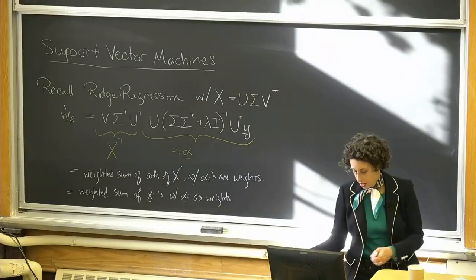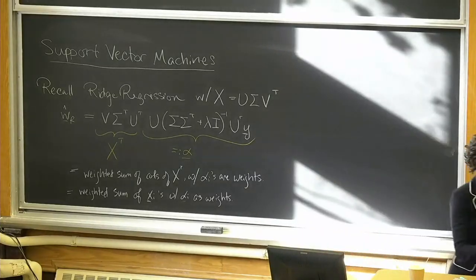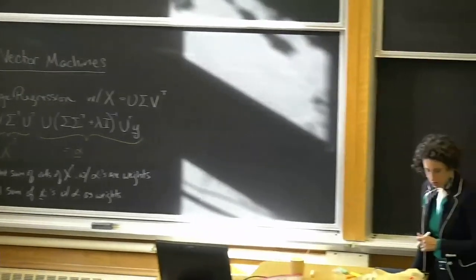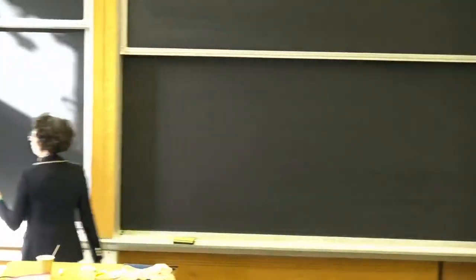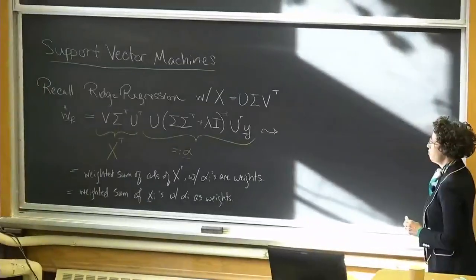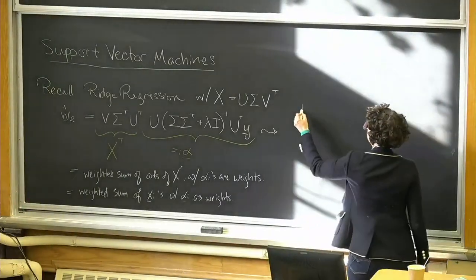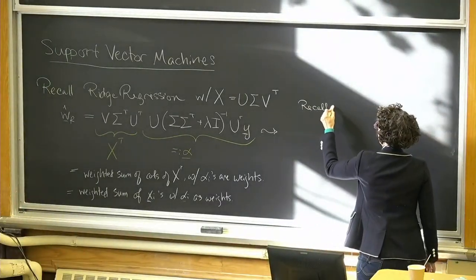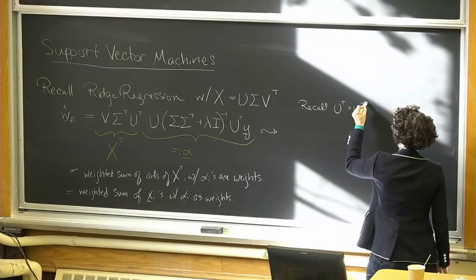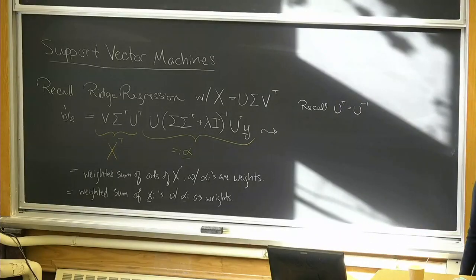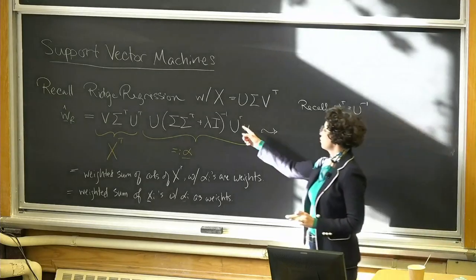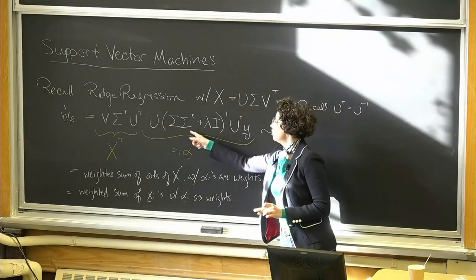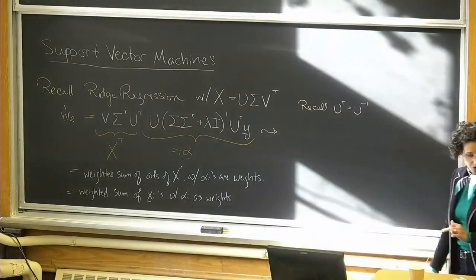Okay, so I can similarly and maybe more efficiently write this because I can take this vector alpha, and what I can do is move, remember that U transpose is equal to U inverse with the singular value decomposition. So what I can do then is actually move the U's into this inverse matrix.